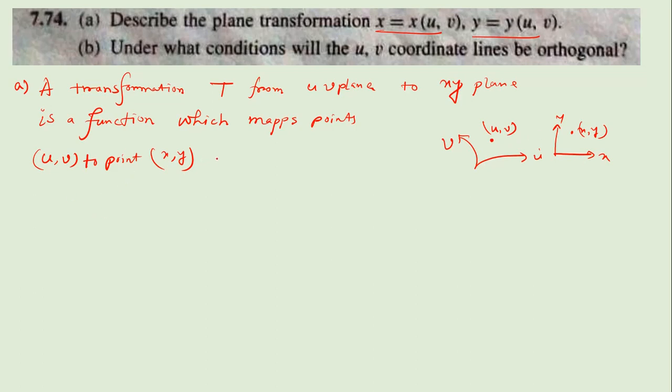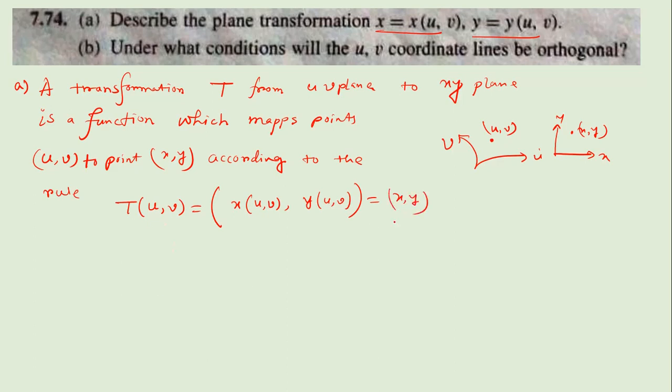So according to the rule, this is the transformation of uv to xy, where x and y both are functions of u and v, equal to x comma y.